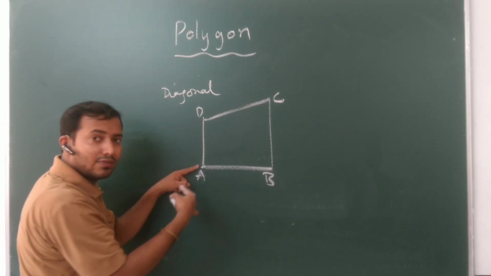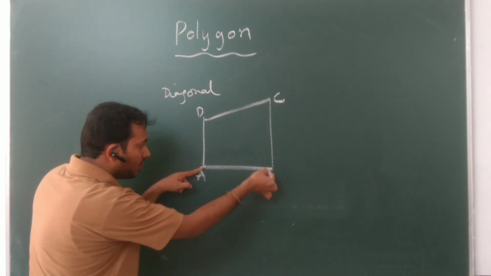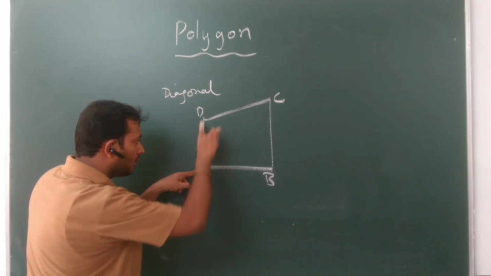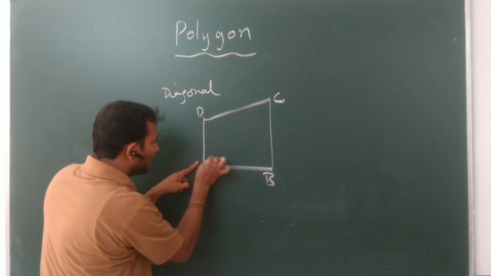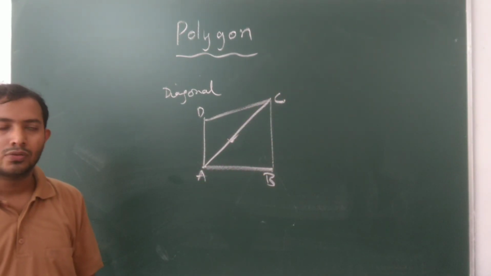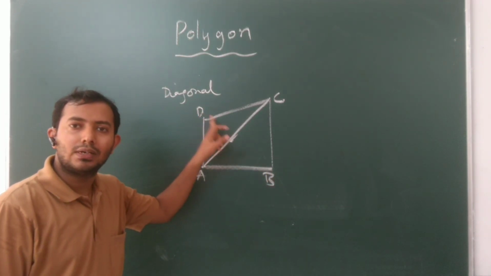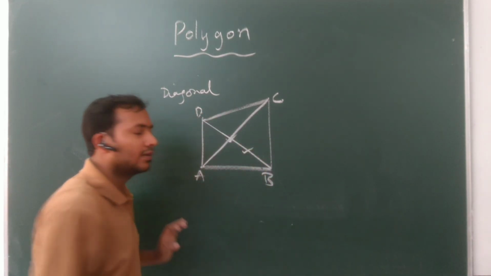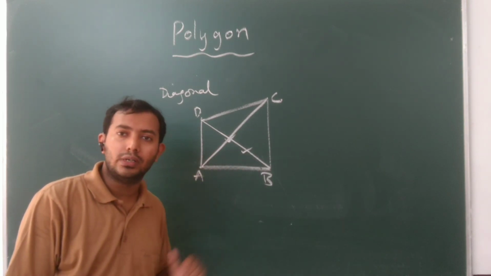B. This is taken as a vertex point. So A's adjacent is B. A's adjacent is what else? D. So leave these two, which are not adjacent. Which one? C is not adjacent. Join it. So this line is called what? Diagonal. Similarly, if you look at this one and this one, they are not adjacent vertices. That means if you join them, whatever line you get, that is a diagonal. There are two diagonals in a quadrilateral.